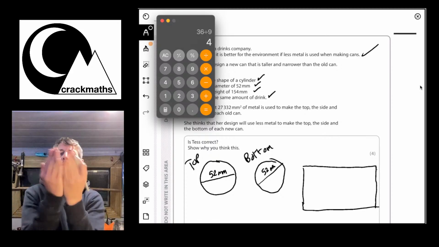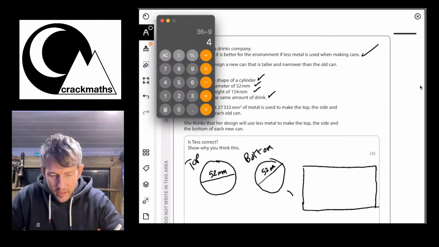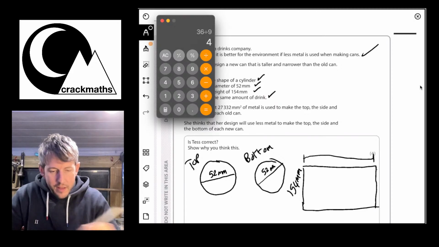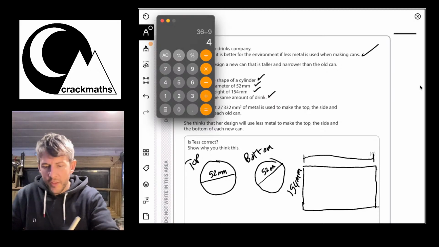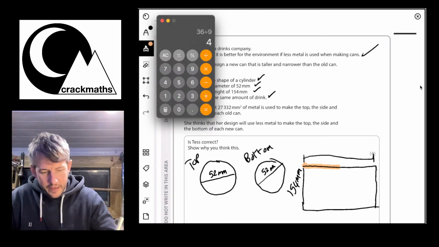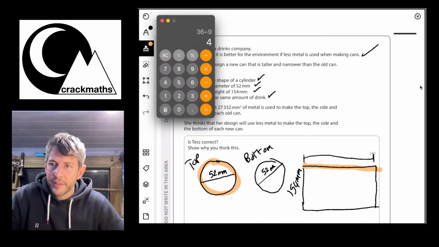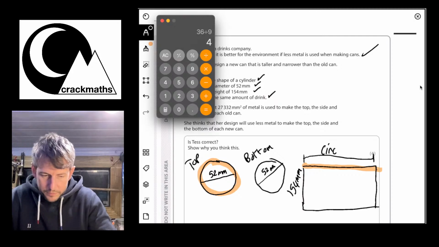So the side of it is going to be the height. So this will be 154 millimeters. This dimension here is going to be the bit that wraps around. In other words, this length here is this length here. So this length is the circumference of the circle.